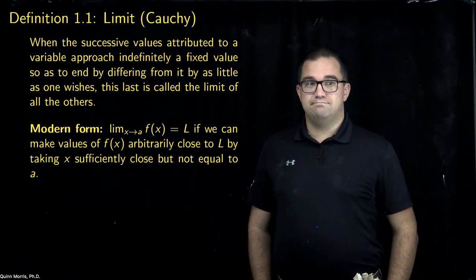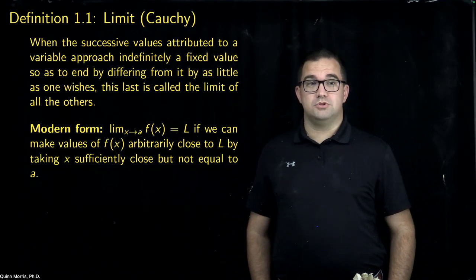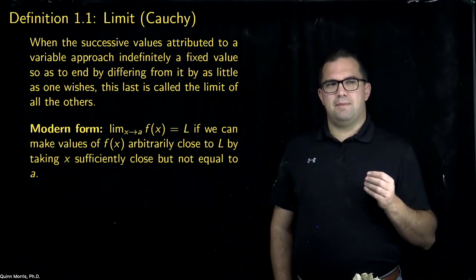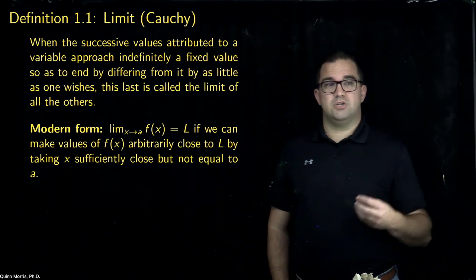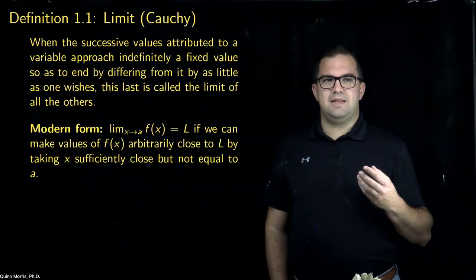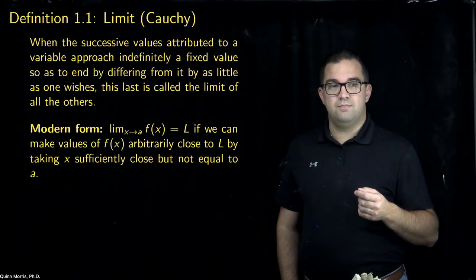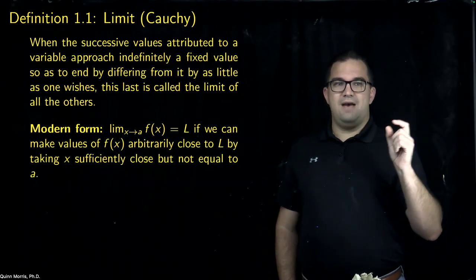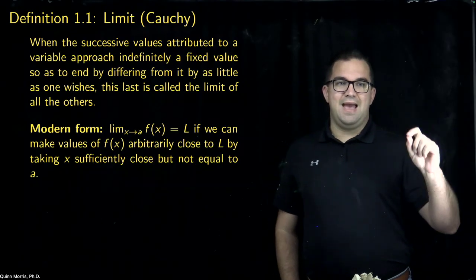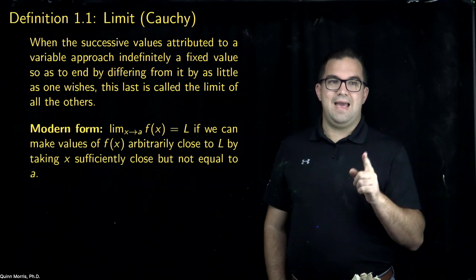Like a lot of older mathematics, you read this, it takes some time to parse through. So if we try to make sense of what that might mean in more modern notation and language, in a lot of ways, what Cauchy was saying was, well, the limit as x approaches a of f of x is equal to L if we can make the values of f of x arbitrarily close to L by taking x sufficiently close to, but not equal to, a.